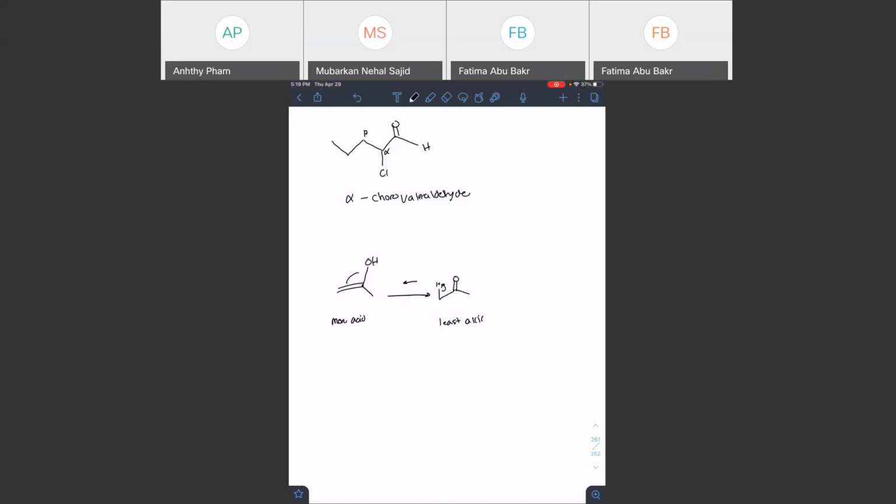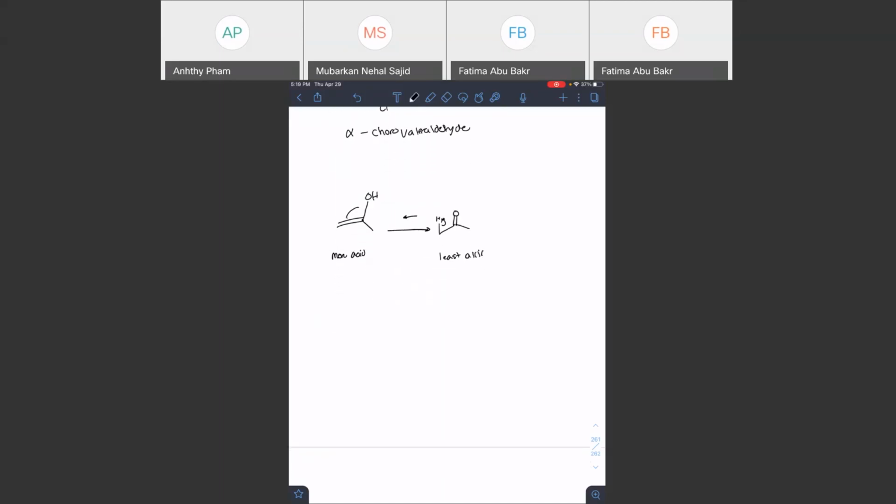All right. The only exception to this is in the situation where we have this right here, and this one much more prefers to have one of them as an enol and one of them as a ketone. This is because there is possible hydrogen bonding between this hydrogen right here and this oxygen right here.